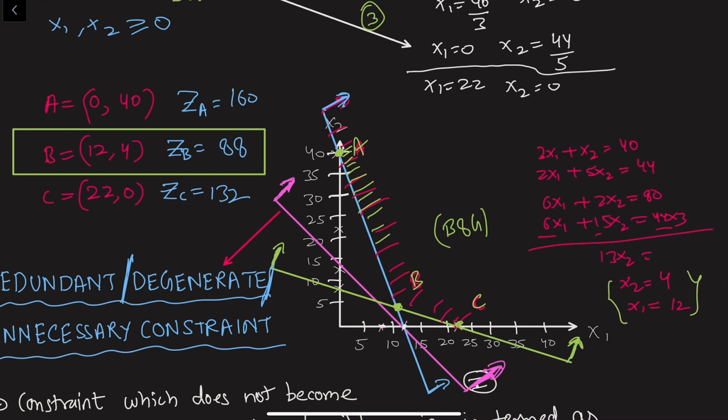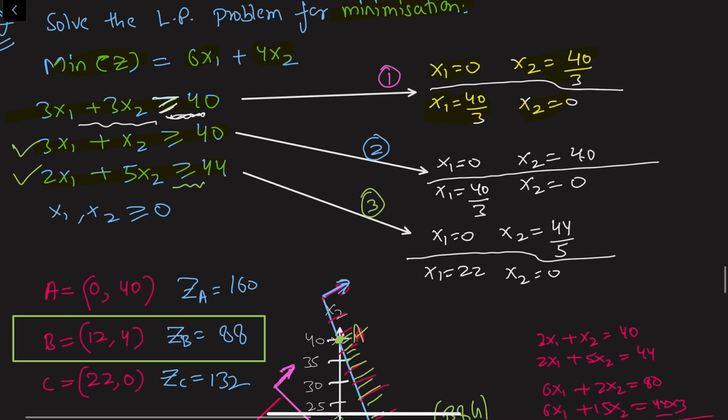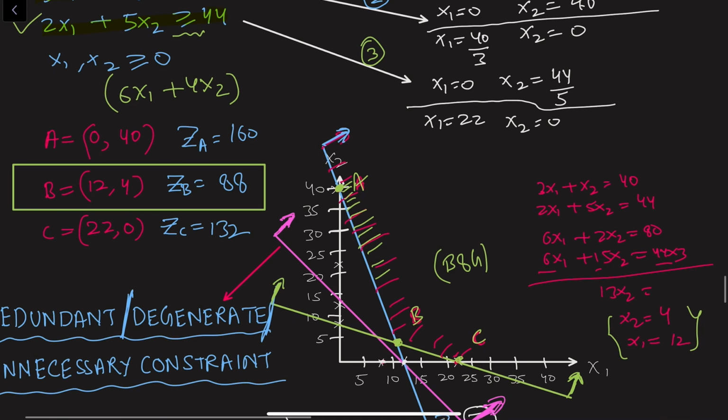And I will put these values in my objective function, which is 6x1 plus 4x2. Now I have 3 points. One is A, which is 0, 40. My Z_A comes to 160. For the B point, which is 12, 4, Z_B comes to 88. And for the C point, Z_C comes to 132. And my objective is to find the minimization.